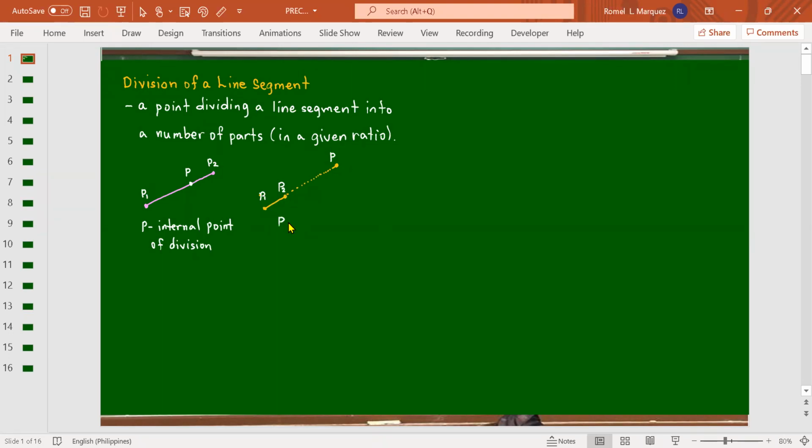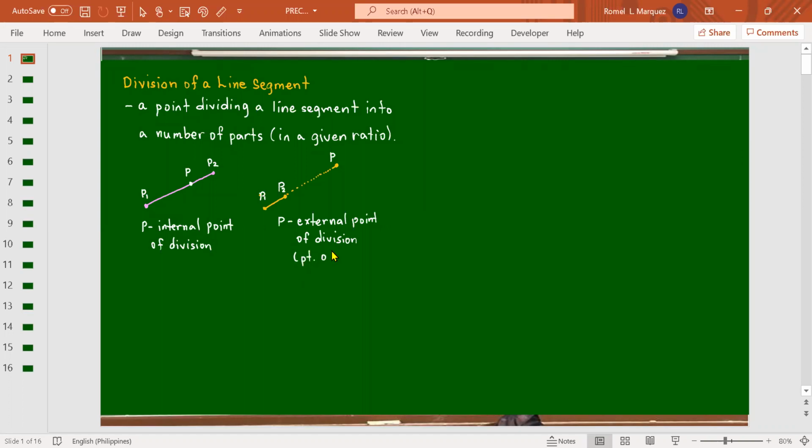We call P here the external point of division, or you can call that point of extension. Clear, children?